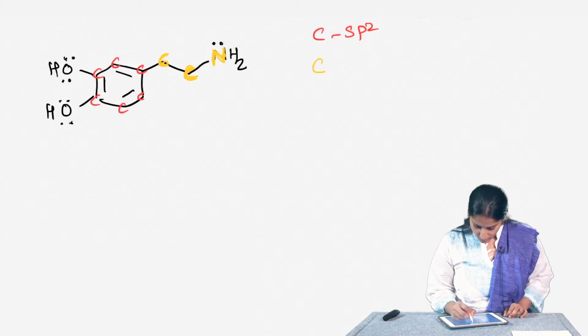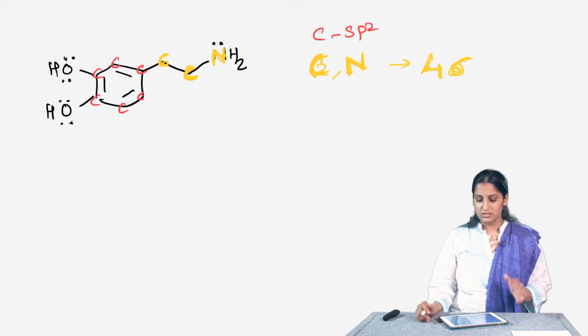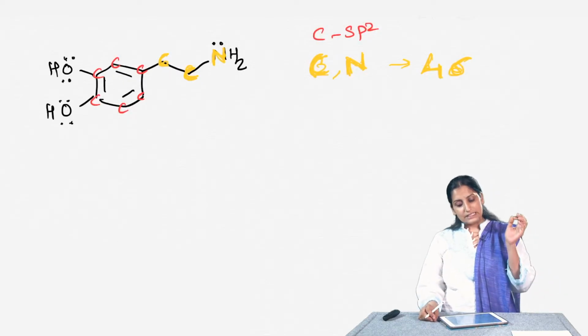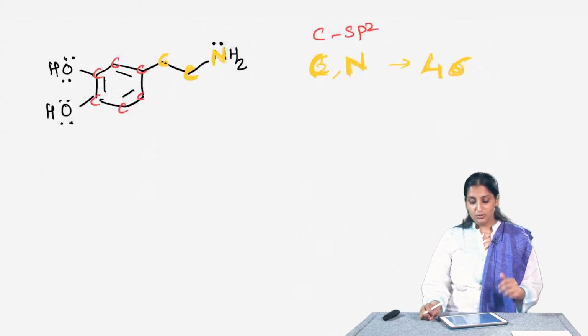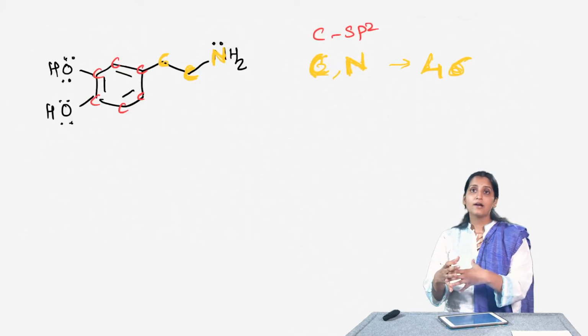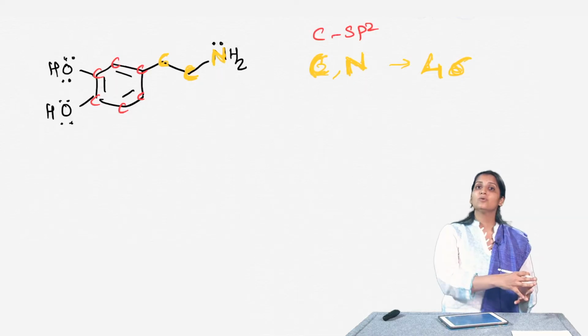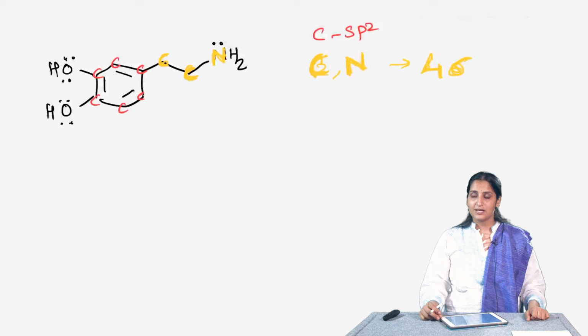So, the carbon and the nitrogen, they are forming 4 sigma bonds. Nitrogen again has either 3 sigma bonds and a lone pair, right. So, that is very similar to having 4 sigma bonds. Again, the nitrogen's lone pair is locked on that nitrogen, it cannot give it to the carbon next to it. So, we are safe to assume that it is sp3 hybridized.